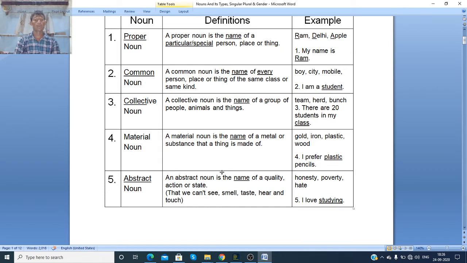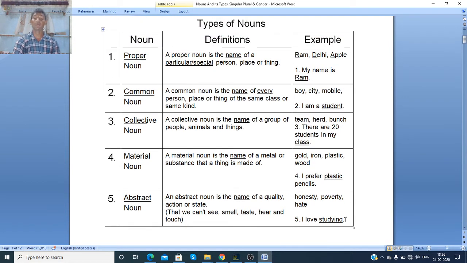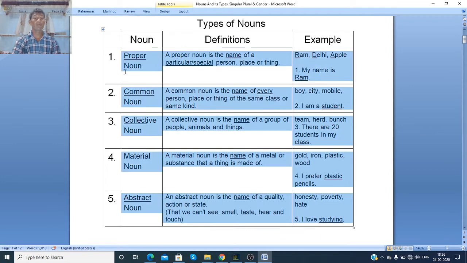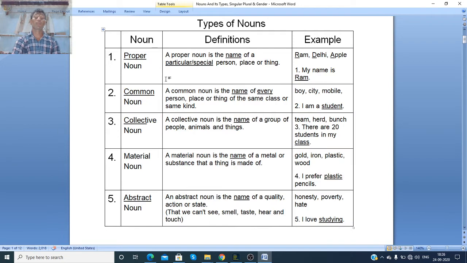The name of that thing is called an abstract noun, like honesty, poverty, hate. I have already mentioned that we will talk about these nouns in detail later. And this is an overview of all five types of nouns in one place. It makes it easier when we talk about them or practice on them.